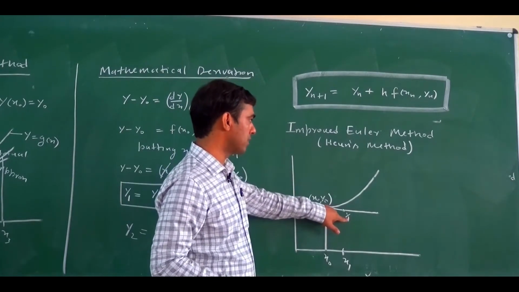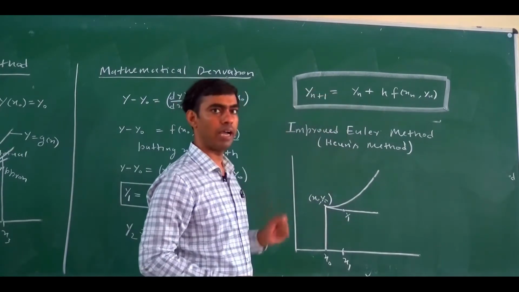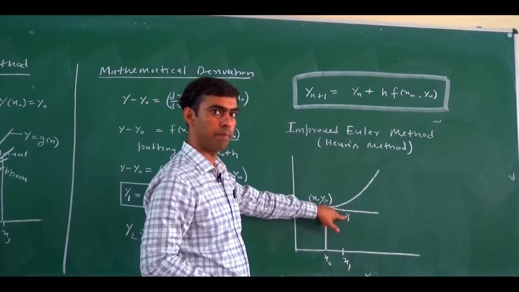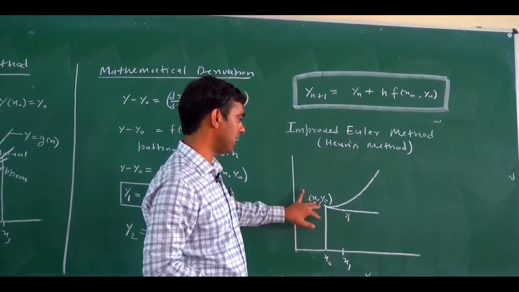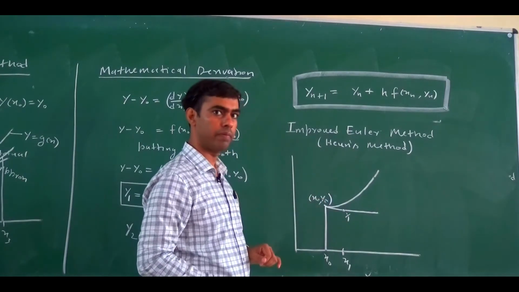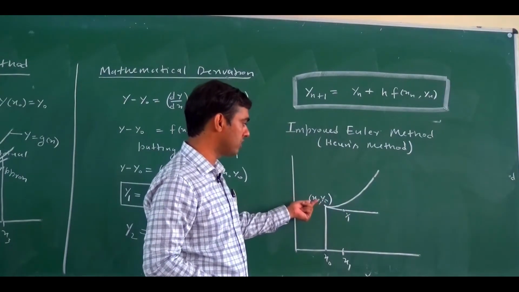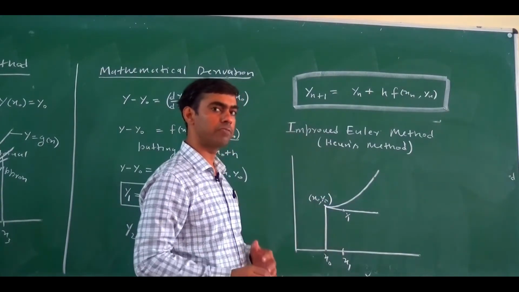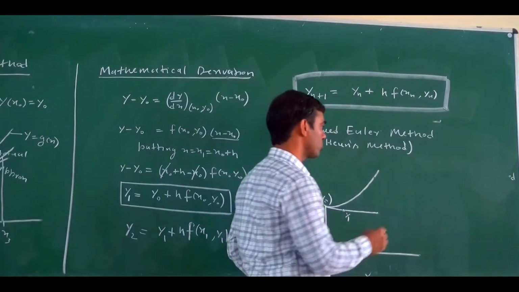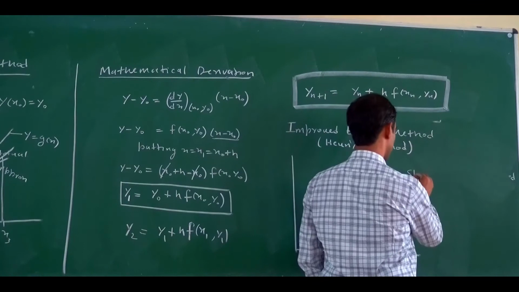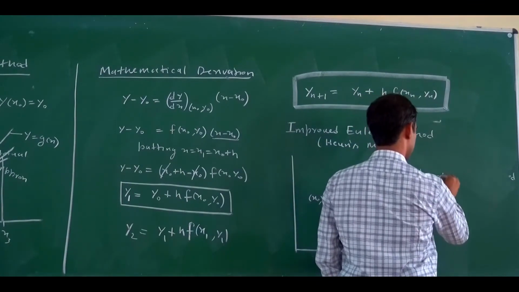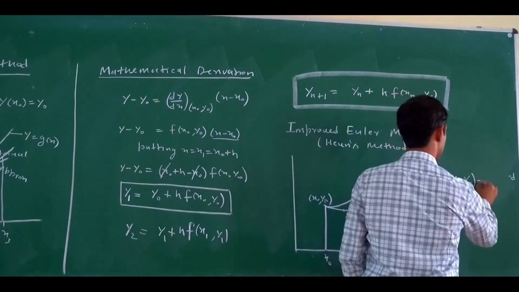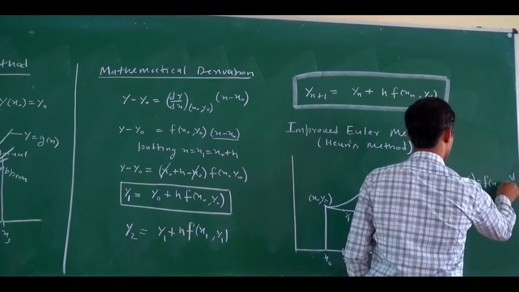In this method, we find the value of y1 using the Euler method. Once we find the value of y1, we have two points, (x0, y0) and (x1, y1). Then we find the slope at (x0, y0) and the slope at (x1, y1), and find the average of these two slopes. The slope at (x0, y0) is f of (x0, y0).